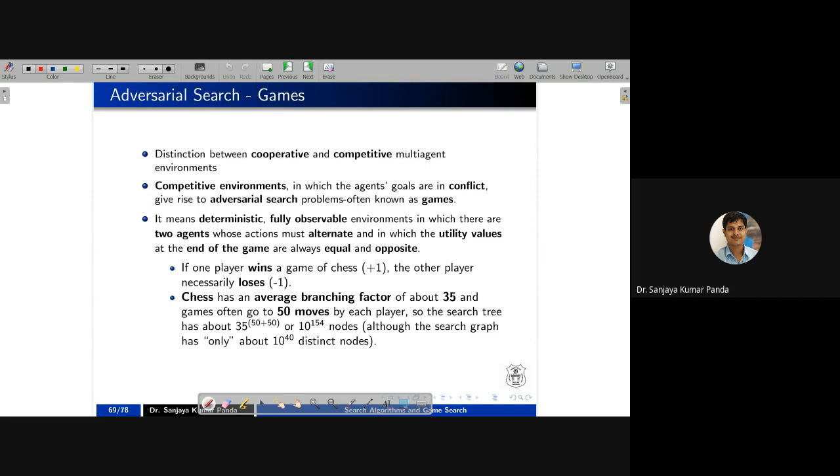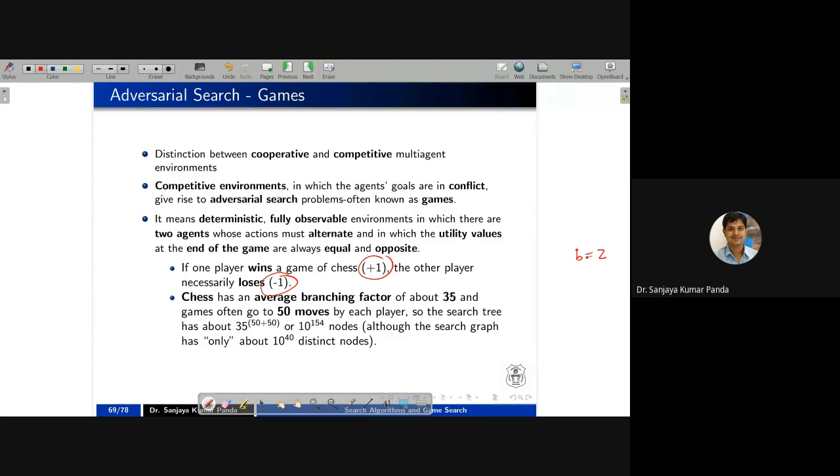It means the move of a particular player is going to affect another player. Obviously, when a player is winning, we assign +1. When a player is losing that particular match, we assign -1. Like if you go for chess, we have played chess, right? If you see the branching factor, like in the earlier case I told you the branching factor is 2, right? In the chess case, the average branching factor is 35.